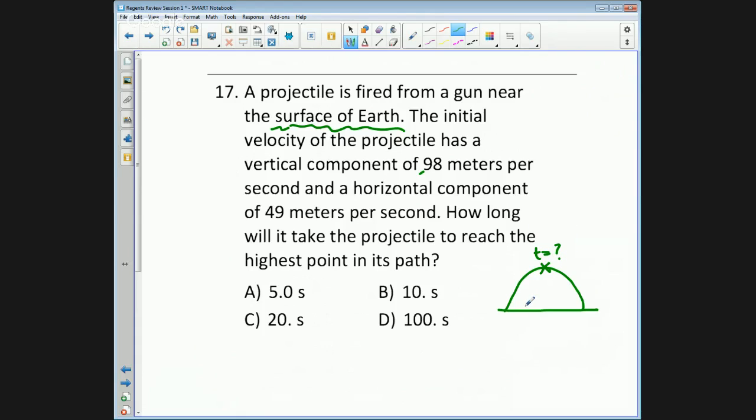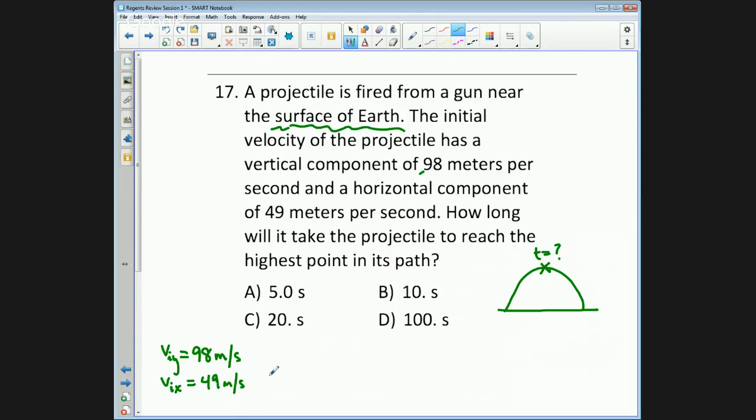Okay, so we have v initial in the y direction equals 98 meters per second. A horizontal component, so v initial in the x direction, equals 49 meters per second.